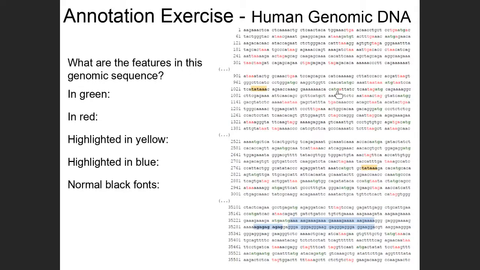So the gene actually would start upstream of the start codon. So the TATA box doesn't have to be in frame with this ATG, but it's a signal of start of transcription. So here is a possibility of beginning of a gene.